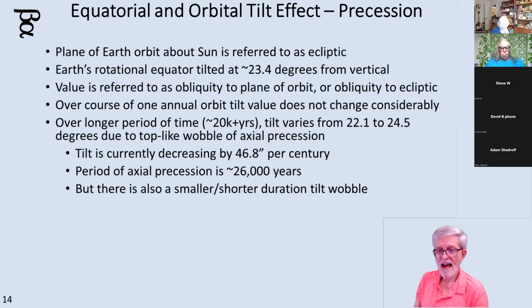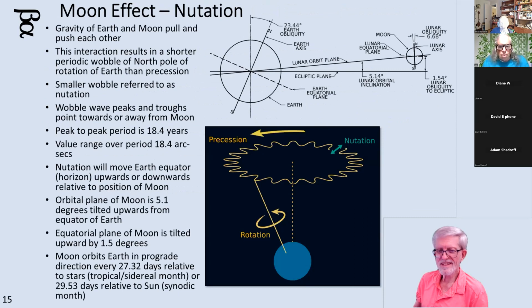But how many people knew there's actually a smaller, more recurring wobble than precession? It's called nutation, and it's from the moon. The moon is in orbit around the Earth, and that orbit is not a perfect circle. It's also a slight ellipse.